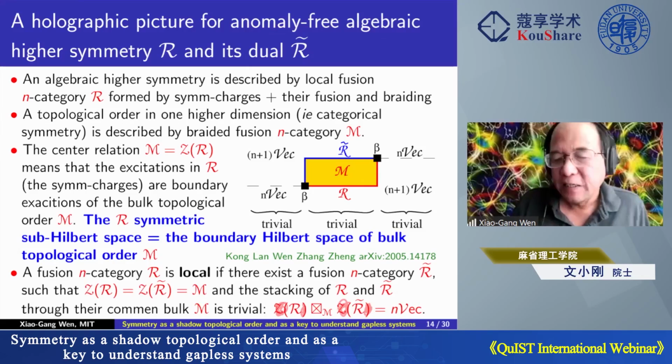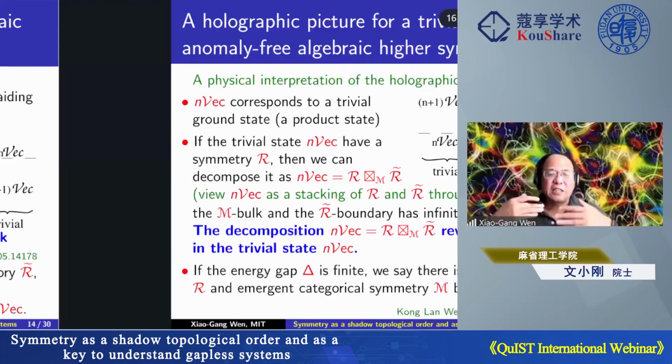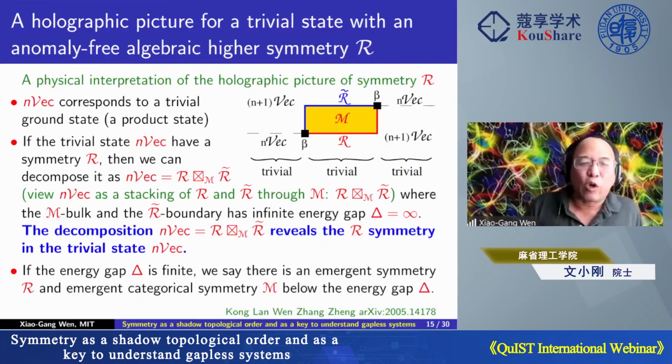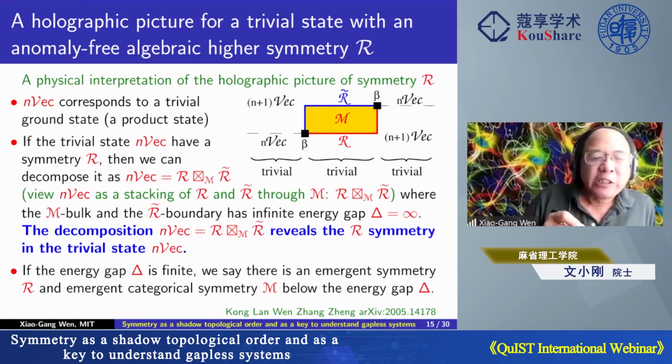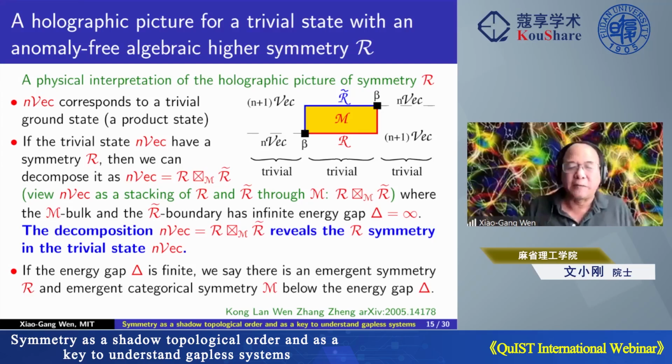Okay, and this holographic picture also has a very physical meaning. So let's try to describe the same picture, but using a little more physical interpretation. Remember anomaly-free symmetry. Anomaly-free symmetry allows a trivial symmetric ground state.